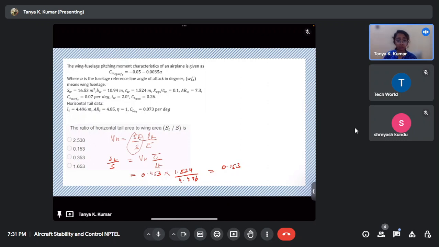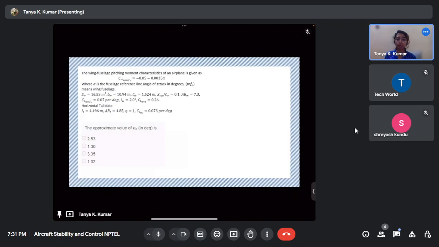The approximate value of epsilon naught in degrees is, again, direct substitution of the formula, keeping in mind the units.